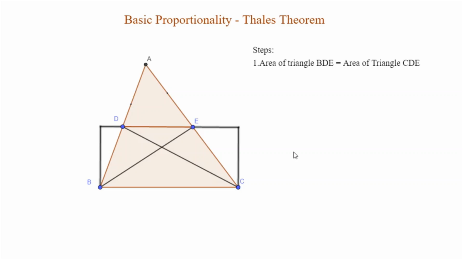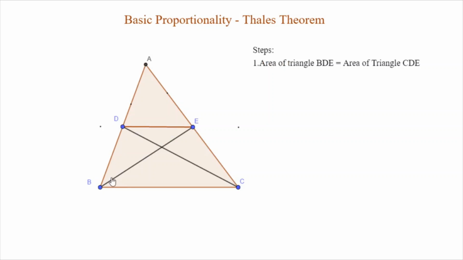Now let us remove these heights because we are done with the areas of triangles BDE and CDE, and move further. Now consider triangles ADE and BDE. Instead of DE, let us take BD as the base for triangle BDE and try to find the height of the triangle with respect to BD as the base.